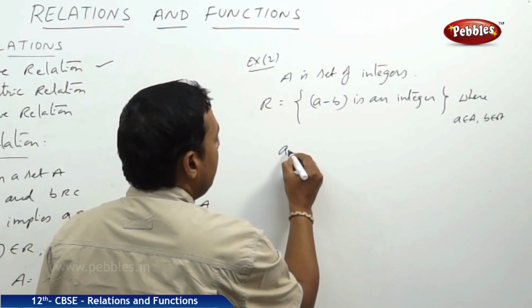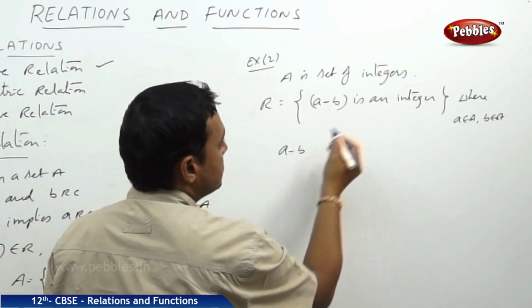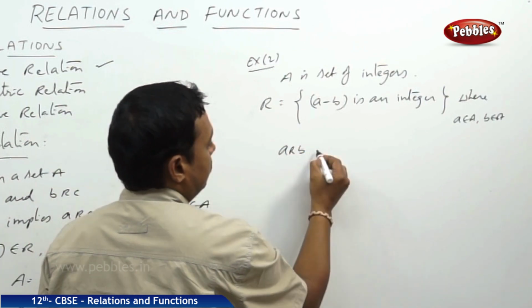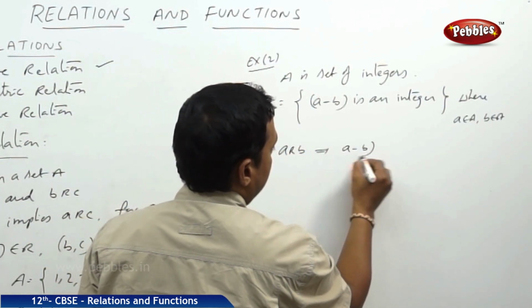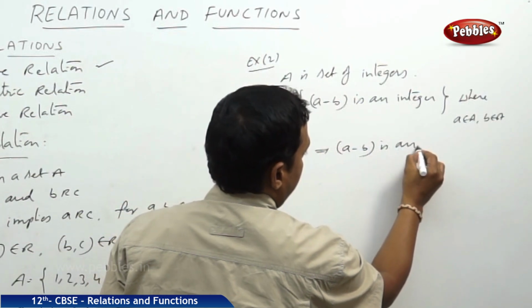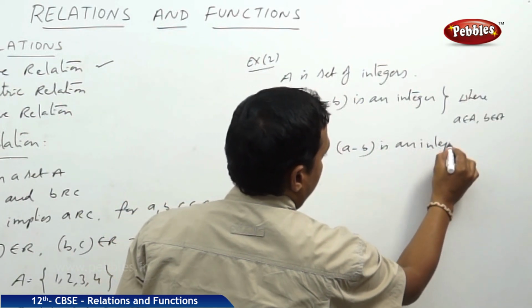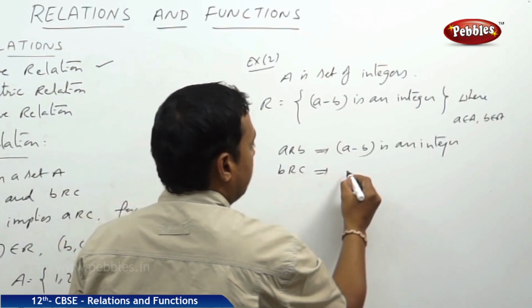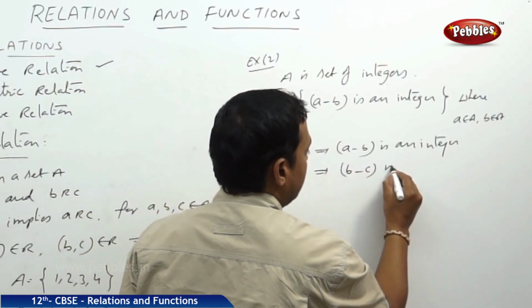Now, A minus B is an integer. That means if A is related to B, then A minus B is an integer. Suppose B is related to C, implies B minus C is an integer.